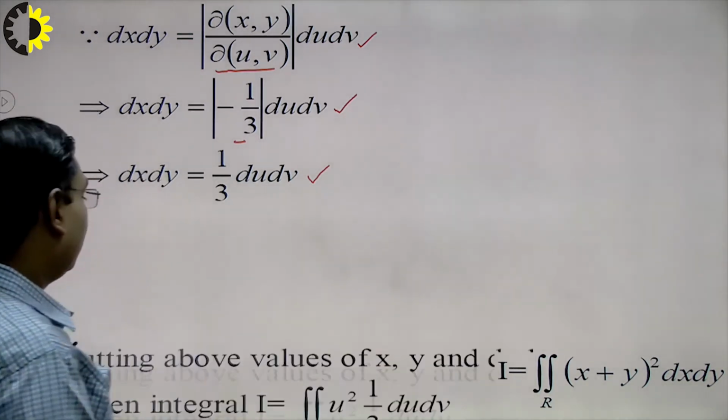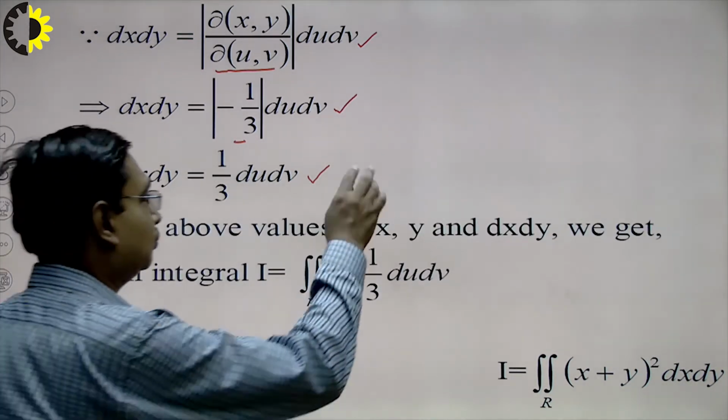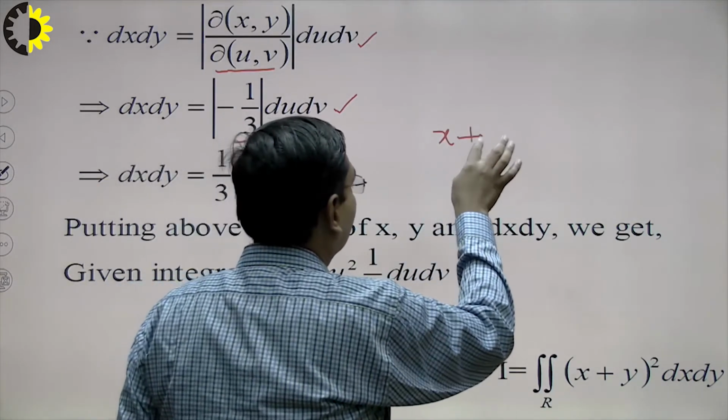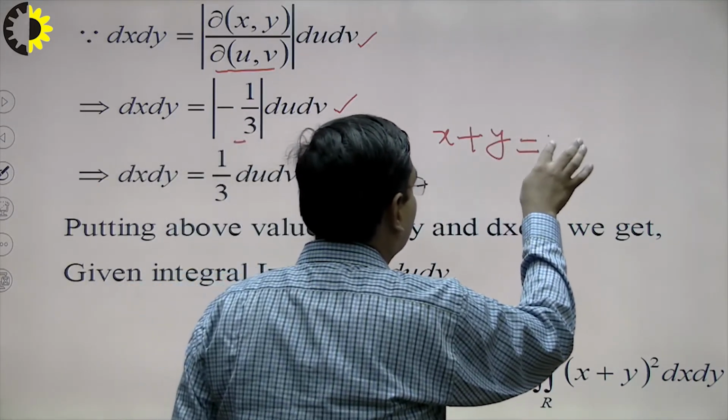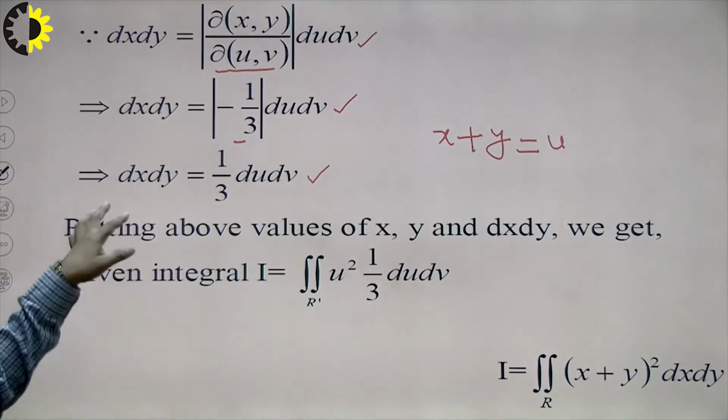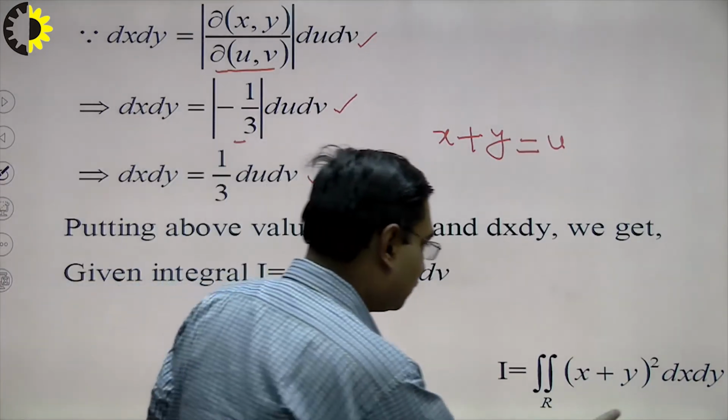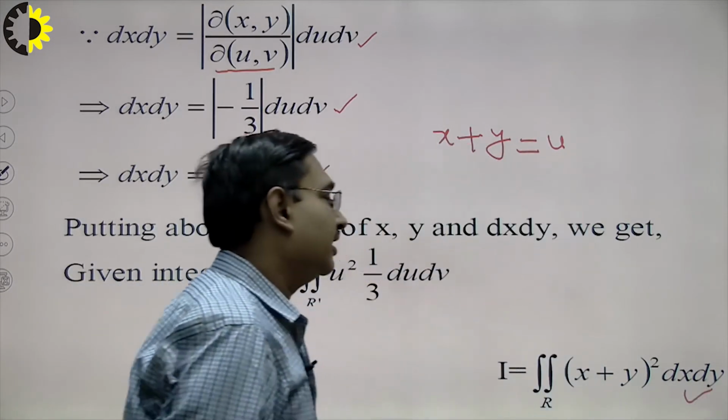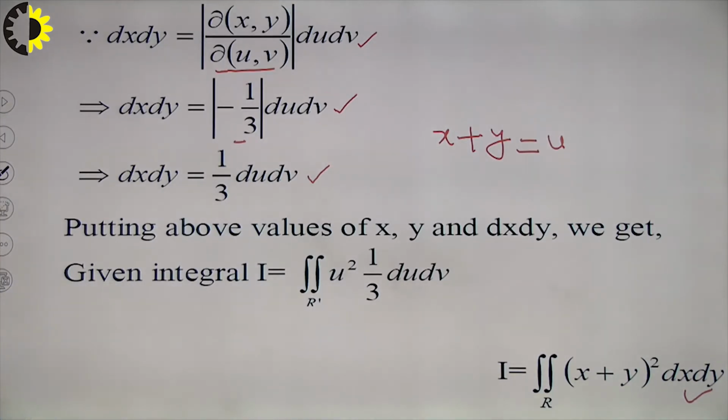Also, the value of x plus y was u. These values are substituted in the original integral which was given to us.